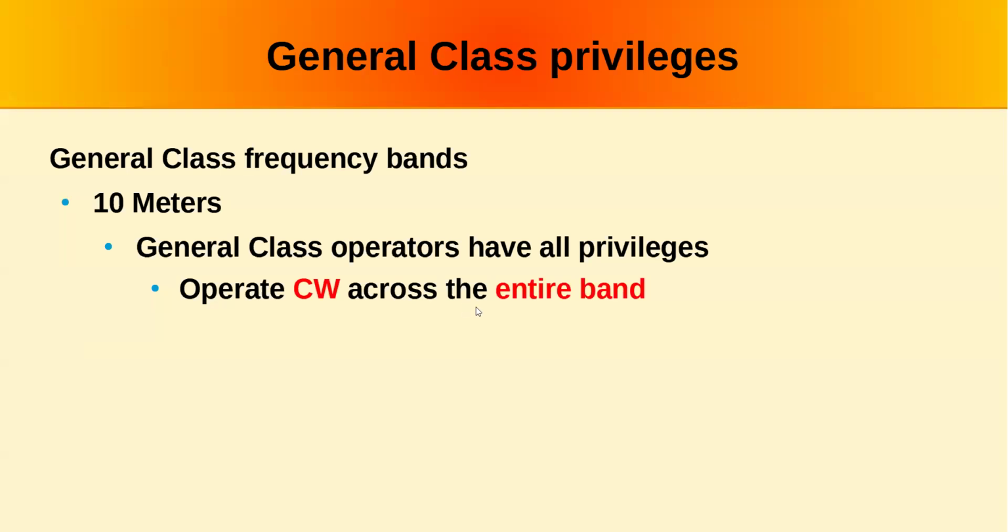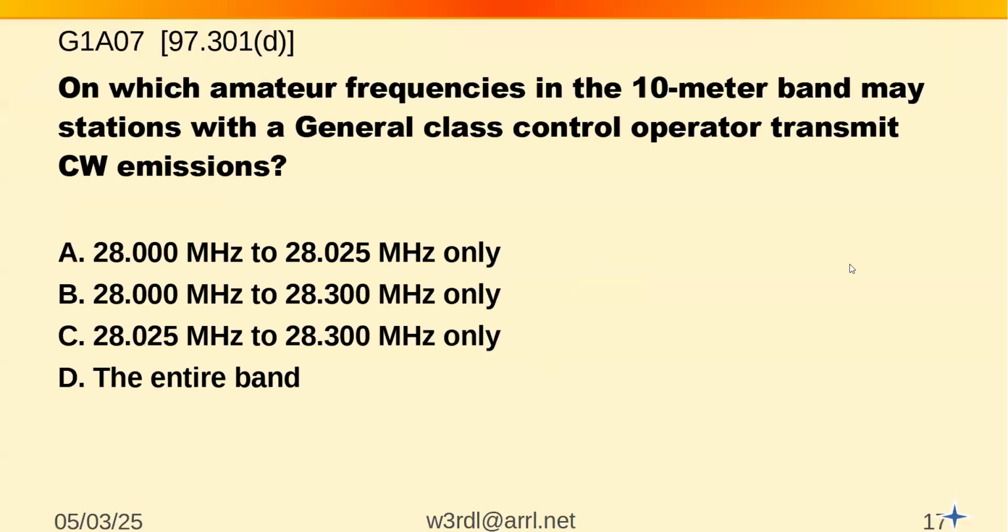Although I think that's true for CW privileges on all bands, right? CW is across all the bands, even though it's usually on the low end. On which amateur frequencies in the 10-meter band may stations with a general class control operator transmit CW emissions?